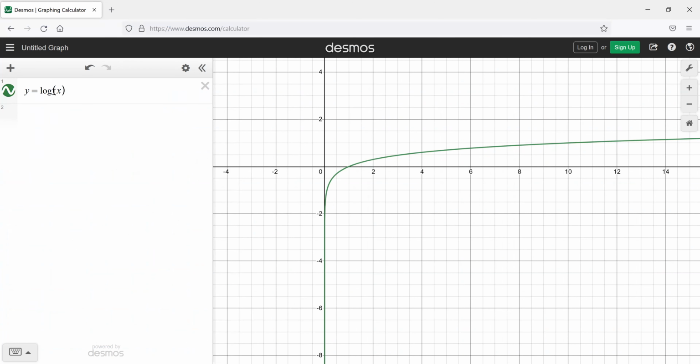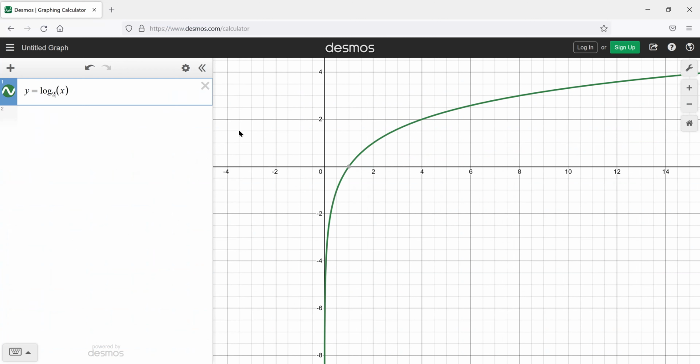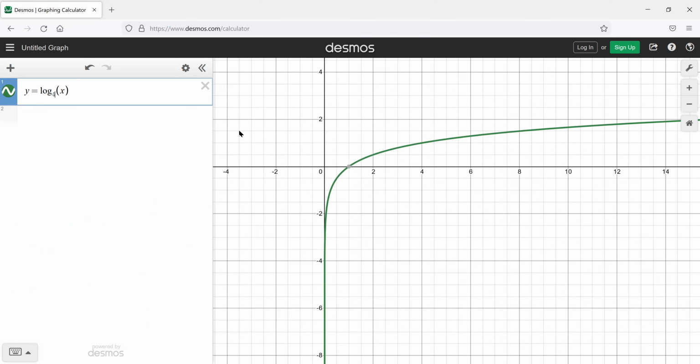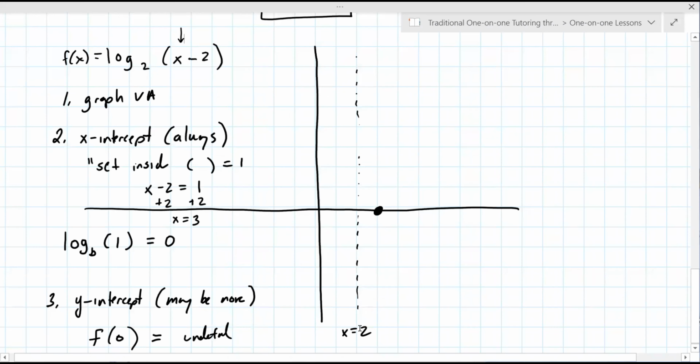And if I change the base, it still goes up and to the right. I'm just changing the number here. It always goes up and to the right. The reason I show you that is because when you graph it, you want your graph to look similar to this shape. So the graph does something like this.